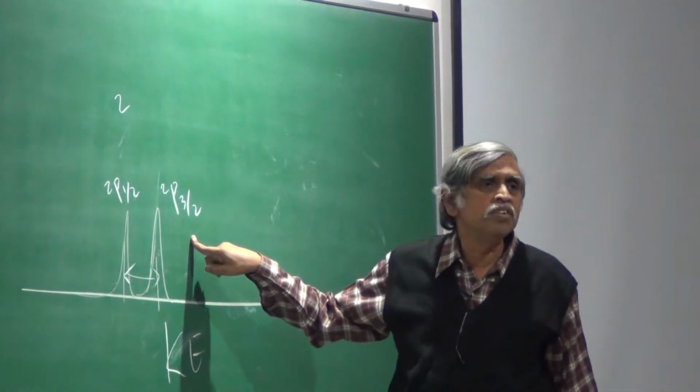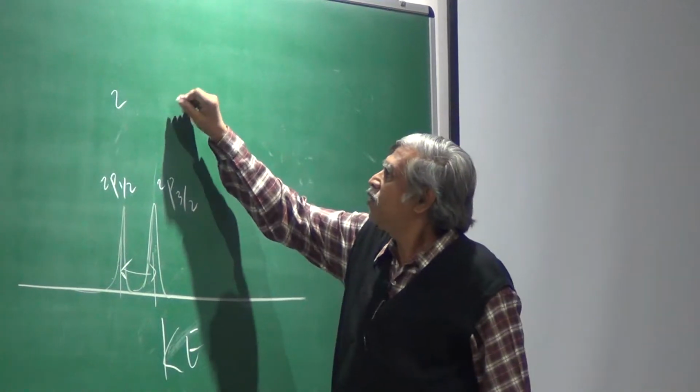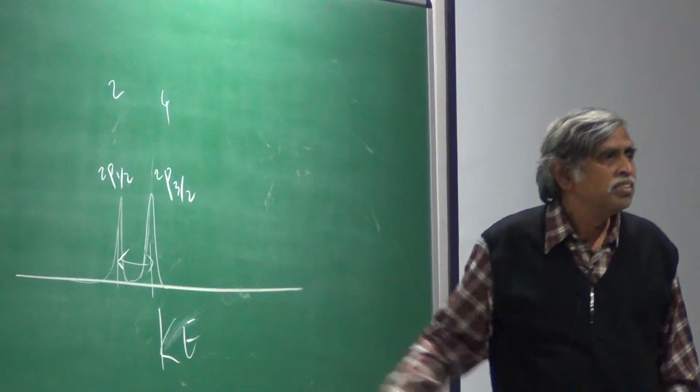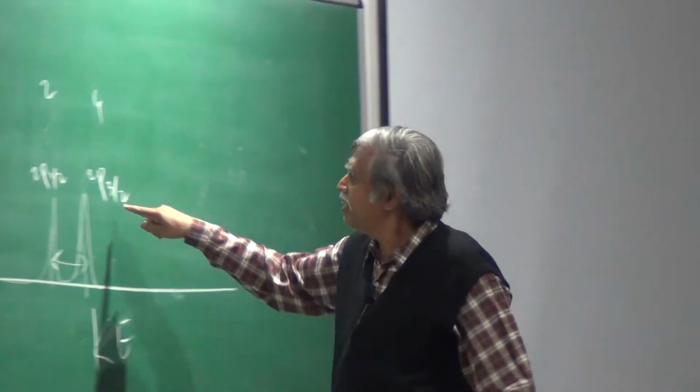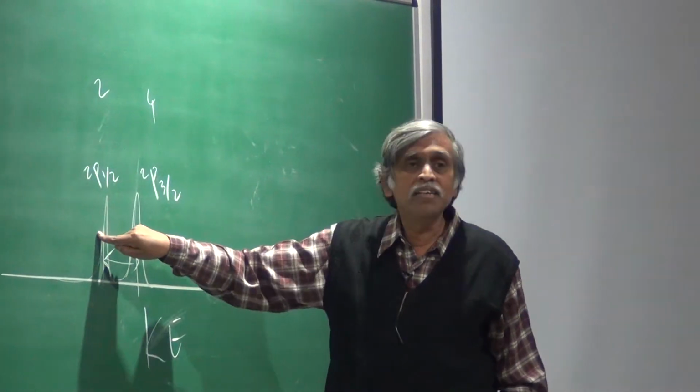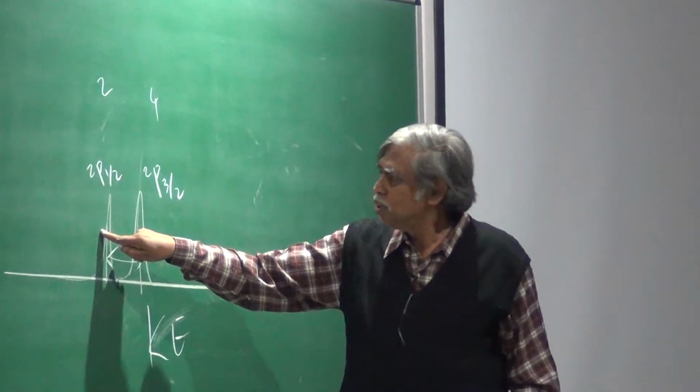What's the 2J plus 1 for this one? You will find that there is a little difference as far as the 2J plus 1, the degeneracy is concerned. In this case 2J plus 1 is 4, in this case the 2J plus 1 is going to be 2.